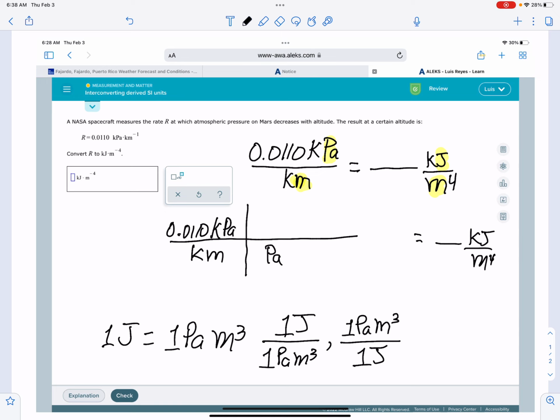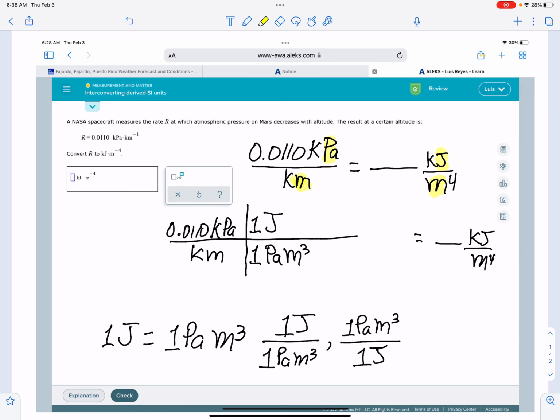Because we want the joules, and we know that to go to joules, we're gonna have 1 joule equals 1 pascal cubic meters. So that's what we did.